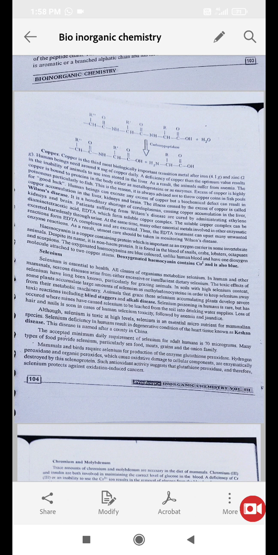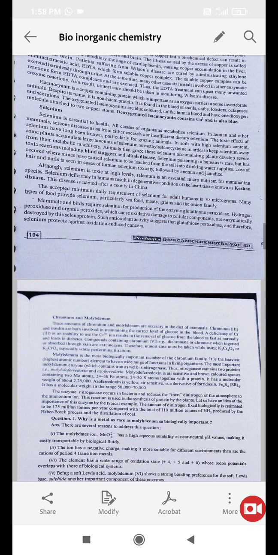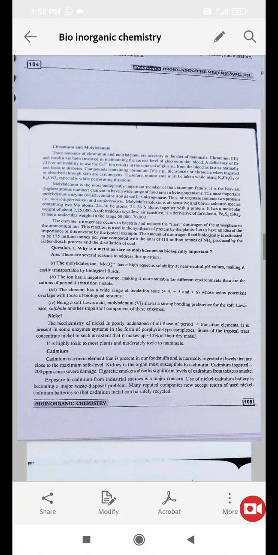Such antioxidant activity of glutathione peroxidase means selenium protects against oxidation-induced cancer.